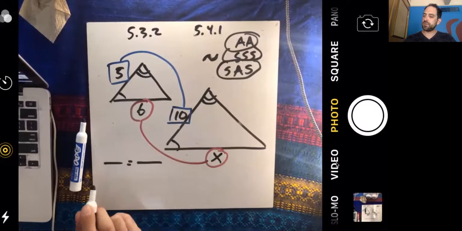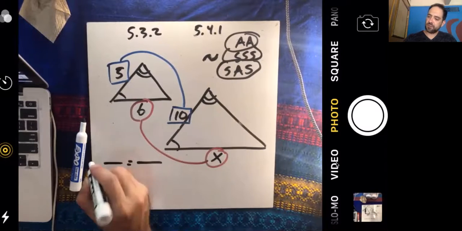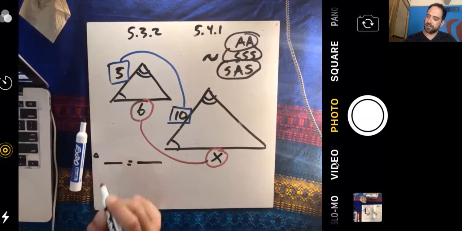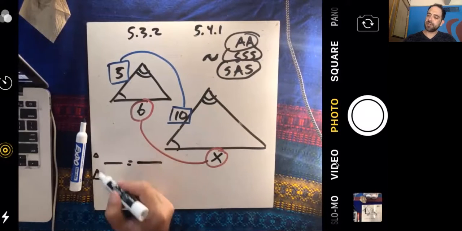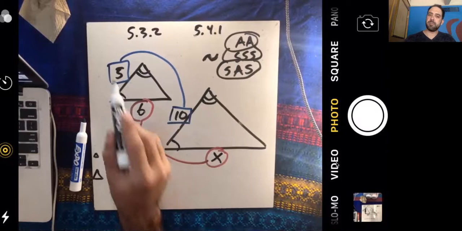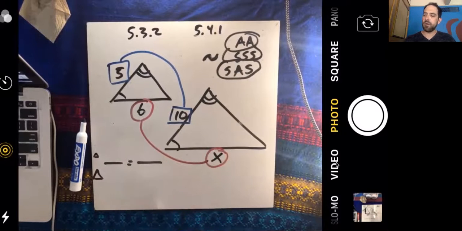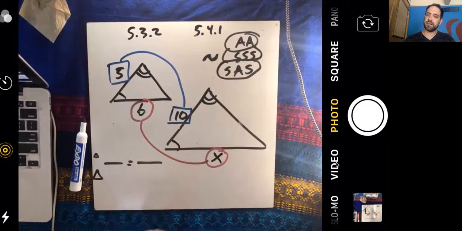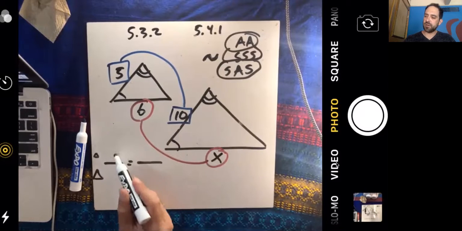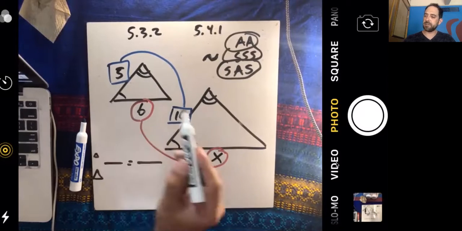Now, we are going to set up a proportion. The proportion is going to have the same triangle here. So we'll put the small triangle on the top, the big triangle on the bottom. And each fraction consists of the corresponding parts. So I would never have one fraction that had 5 and 6, because remember, each fraction has to be the corresponding parts, and 5 corresponds to 10.